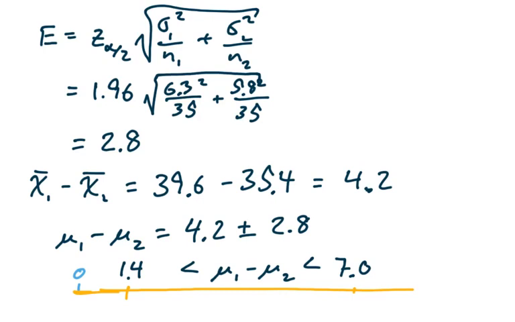That means we are going to be making the same decision as in the previous test. If this confidence interval included 0, we would say there is no significant difference. We cannot reject the null hypothesis, right? If 0 is not contained in this confidence interval, then we're saying, okay, look, this is indeed to the right of 0.